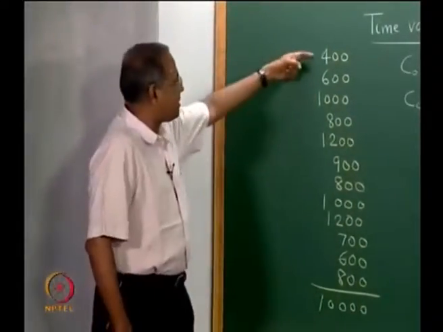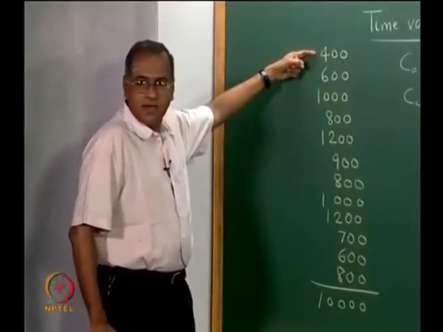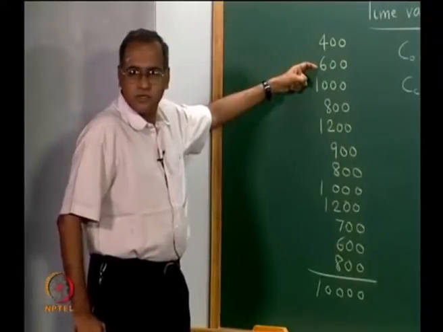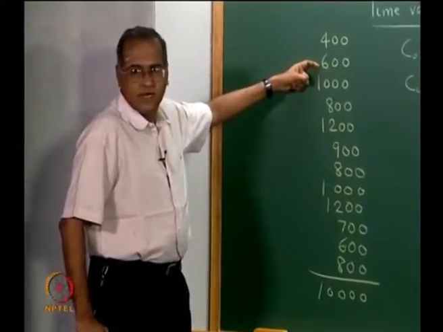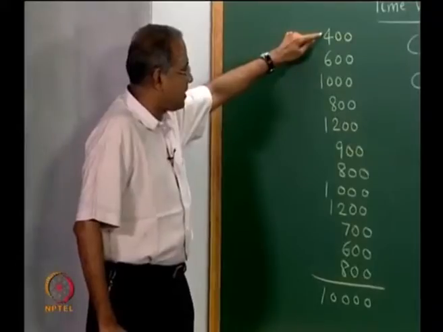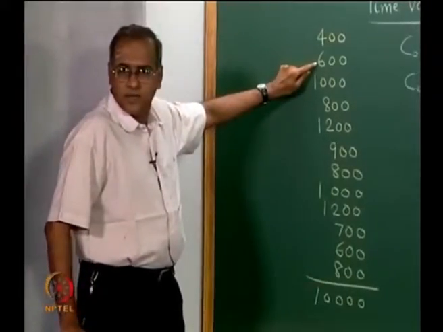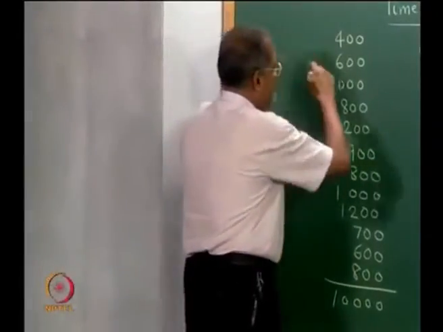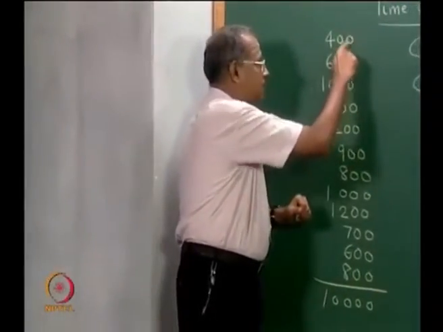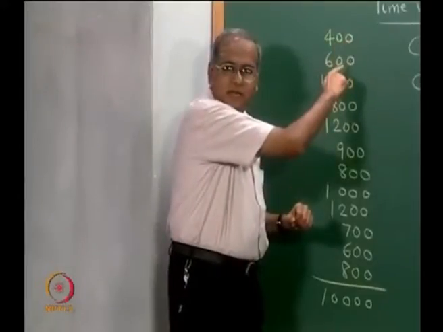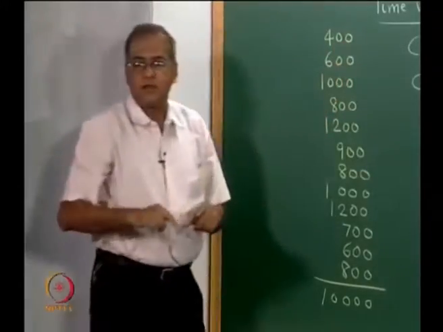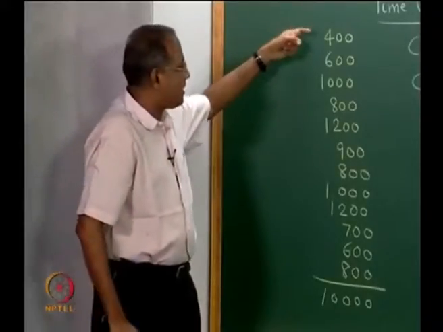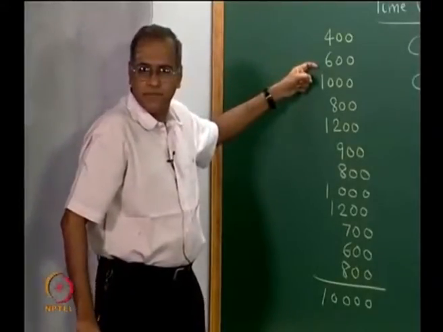When we place an order here for 400, it automatically means we have to place another order for the 600. So there will be 2 order costs, and individually we will be carrying 200 here and 300 here. If it is cheaper to place one order here, then obviously we would like to order 1000 here rather than ordering a 400 and a 600.